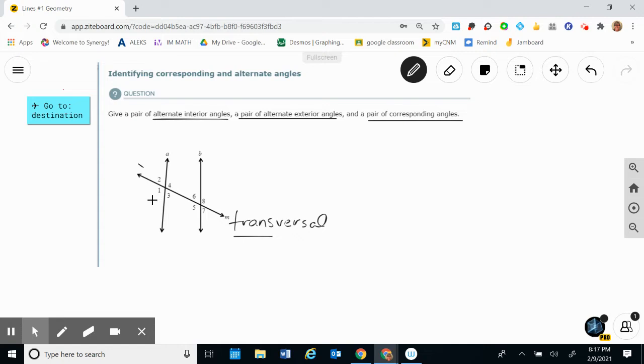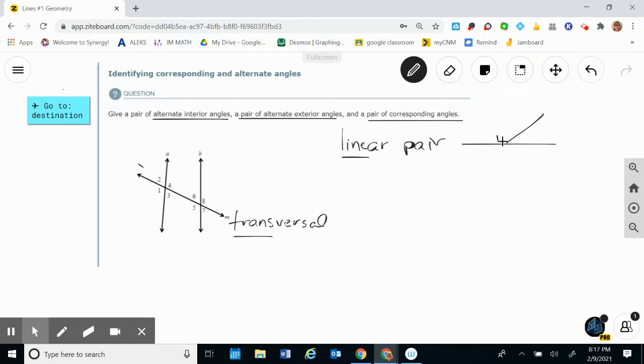Now look at what's formed. There's angles that are formed. And what you want to know are the names of the pairs. What we do is we look at them in pairs. So for example, if I were looking for a linear pair, notice that has the word line in it. That means two angles that make up a line.